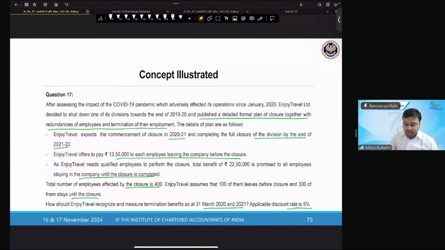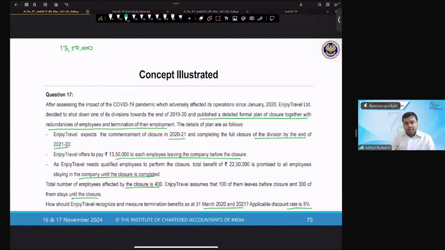Understand this, you will be able to understand what I'm trying to reach out. 13,50,000. What is this? 13,50,000 is given to each employee leaving the company before the closure. Yes or no? Yes, sir.